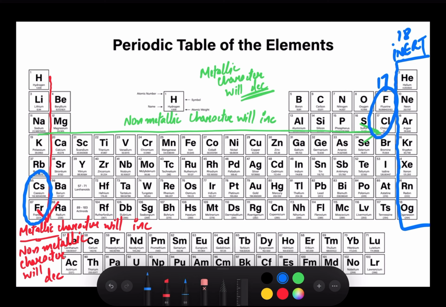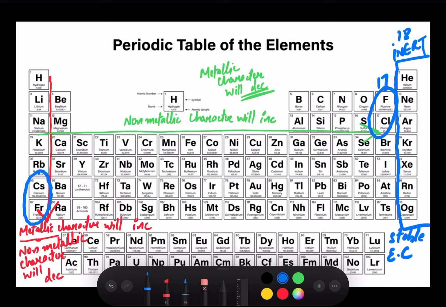So I hope you got the point that when we talk about any trend across a period, we discuss that trend up to group number 17 only, because group number 18 is a very inert element group due to the stable electronic configuration.